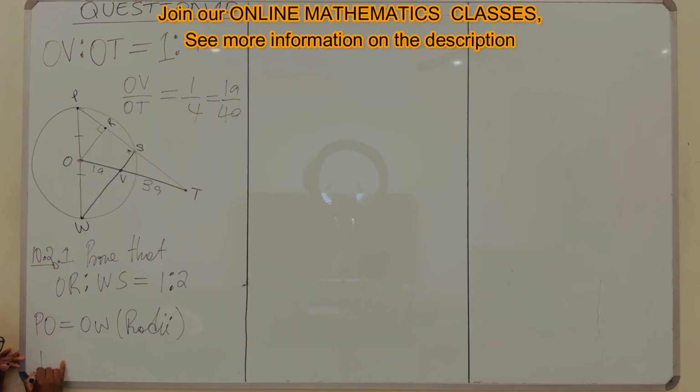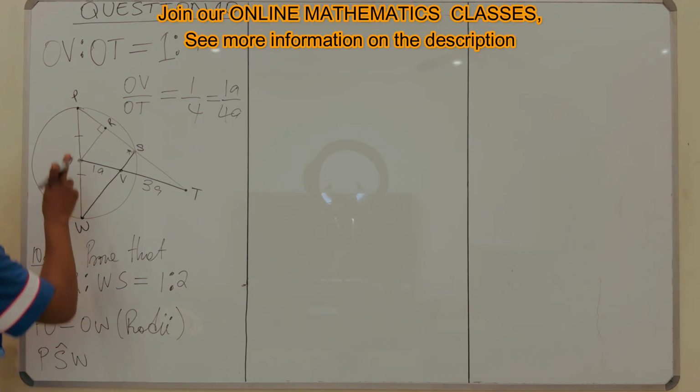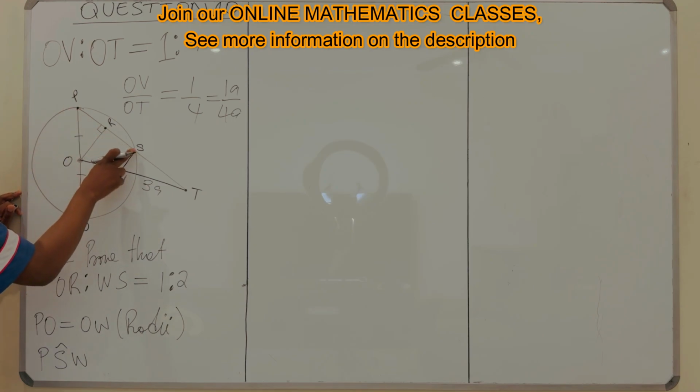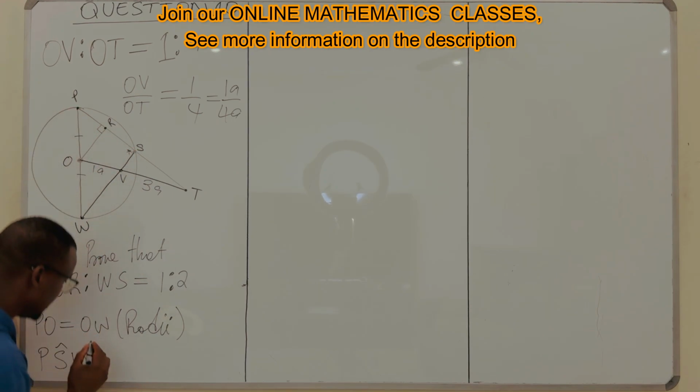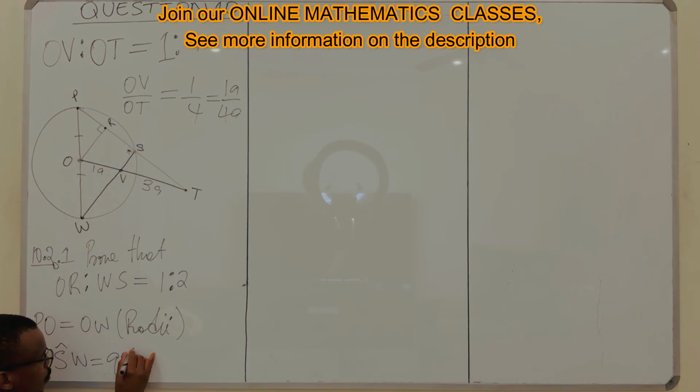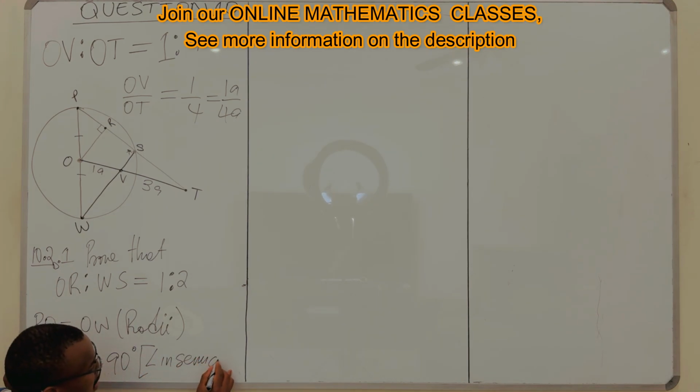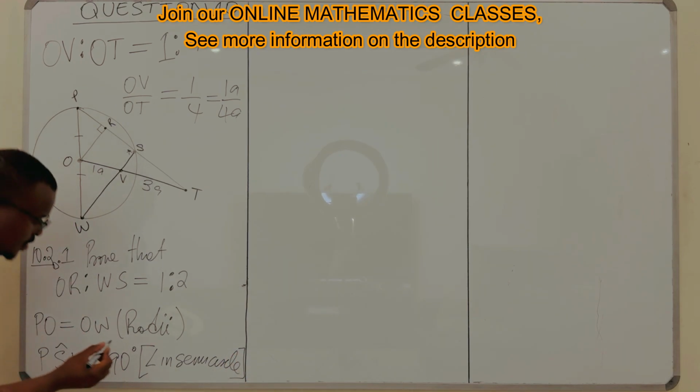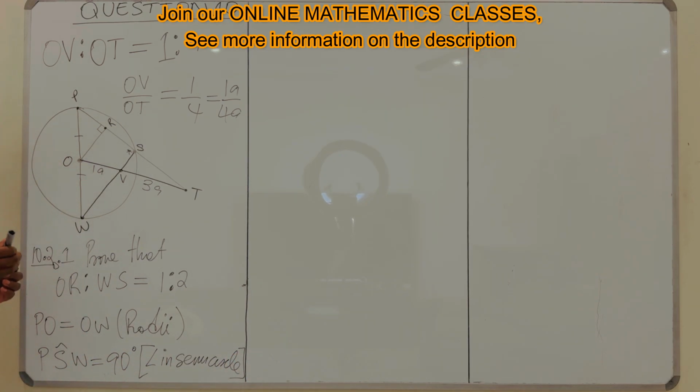Let's say angle PSW, which is the angle between PS and SW, is equal to 90 degrees. Why? This is an angle subtended by a diameter, and the reason we write is angle in semicircle.